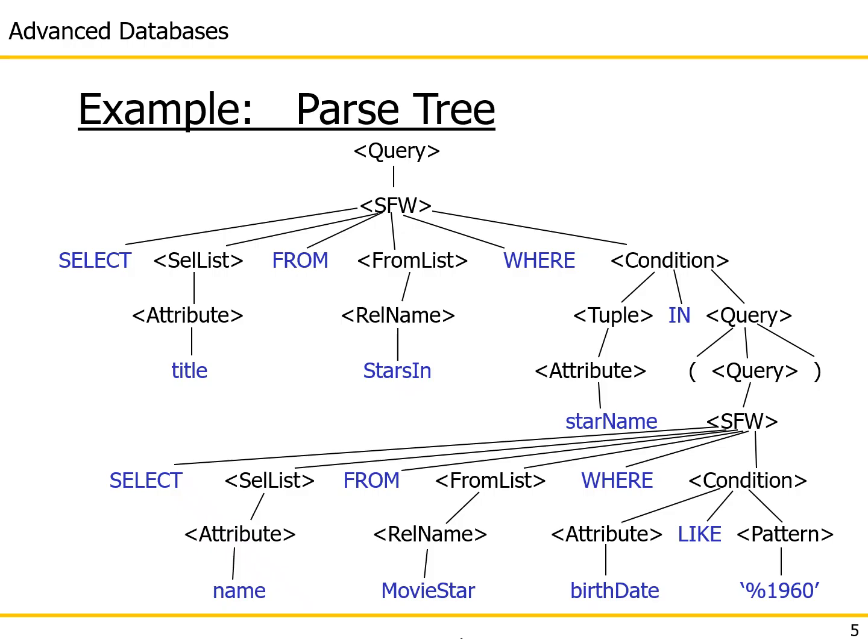Okay, now in the compiler's world, you will learn names for these things. These will be called tokens, the ones in blue, or terminals. And the ones that are not in blue, the ones not at the leaf level, will be called non-terminals.